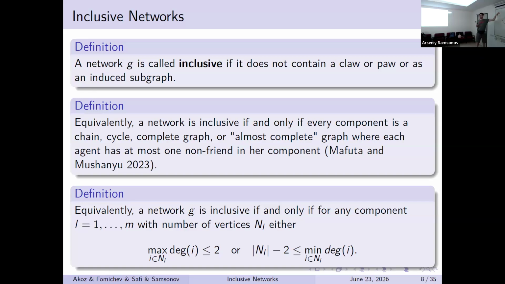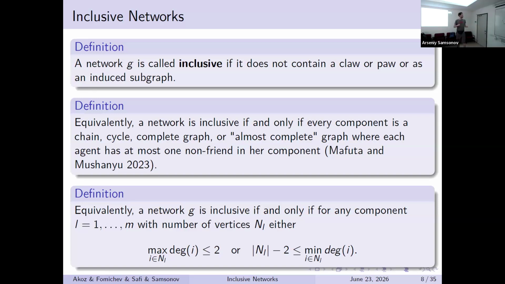We borrow the vertices, we borrow the edges between them, and if there is no edge in the subgraph, we cannot draw it in the big graph. So for example, if there is no edge here in the blue graph, it should not be there in the black graph which contains the blue graph as an induced subgraph.